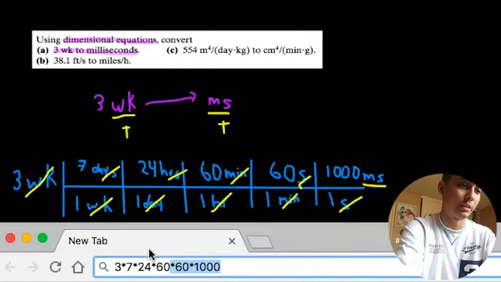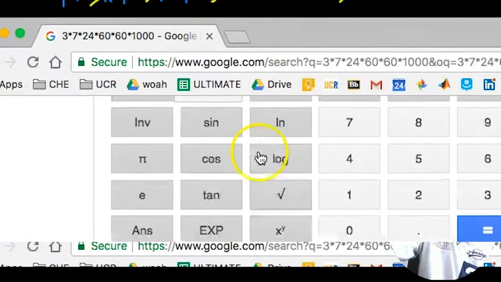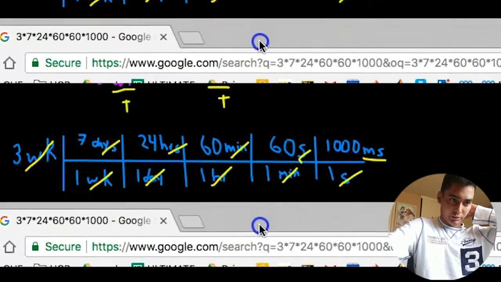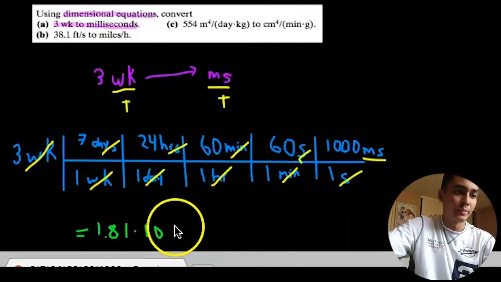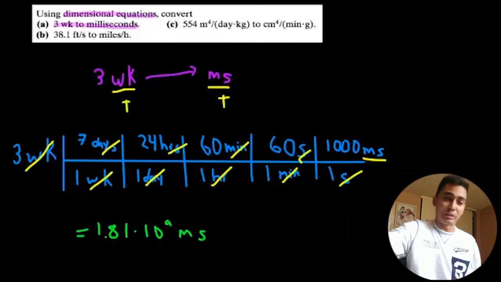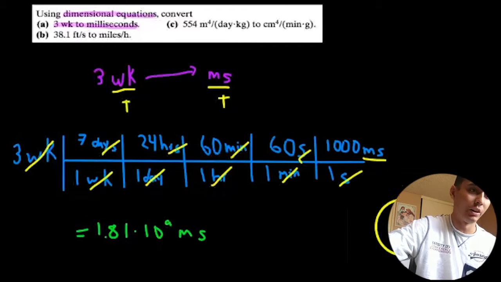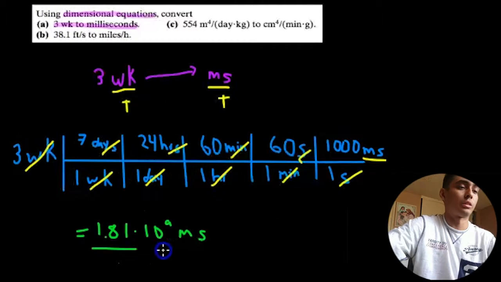I did it before, as you can see. So we can see that this number is 1.81 times 10 to the 9, which is insanely large, which makes sense, right? Because there's a ton of milliseconds in 3 weeks. That makes sense to me. So I'm gonna go ahead and box this in.